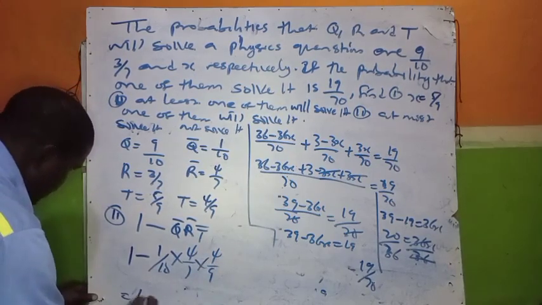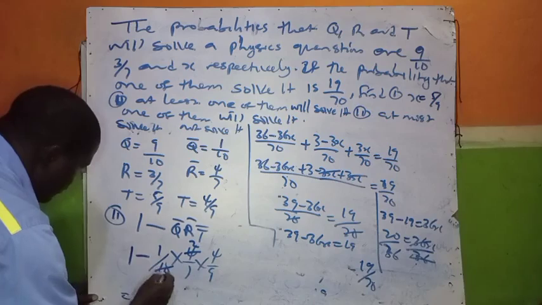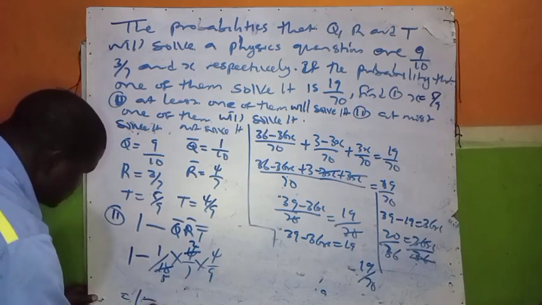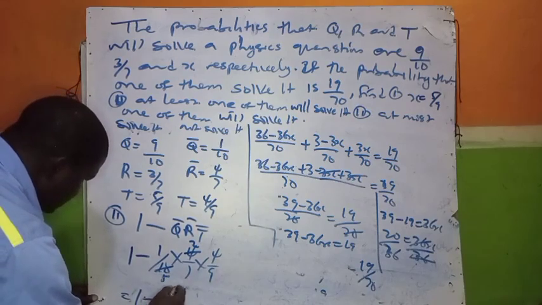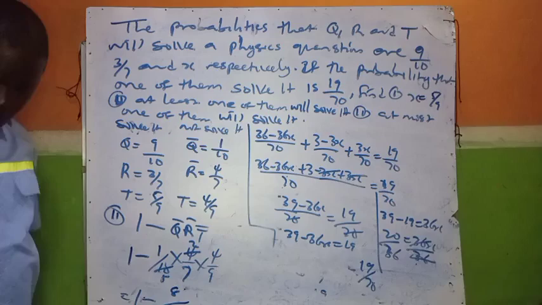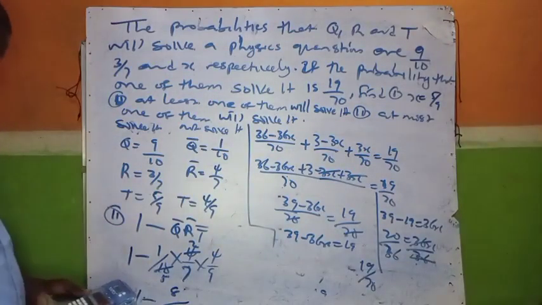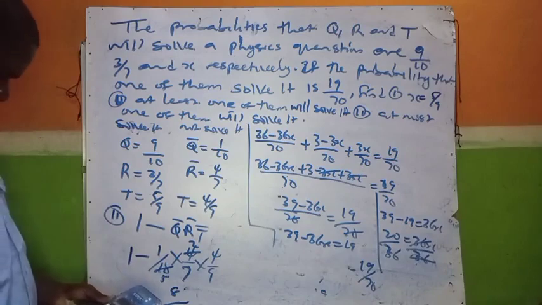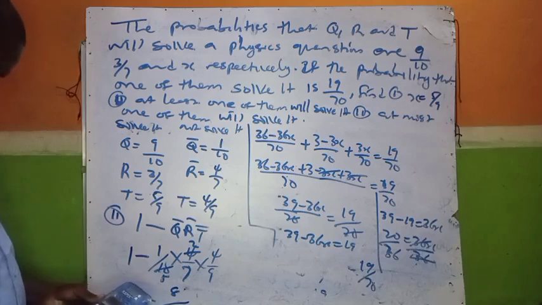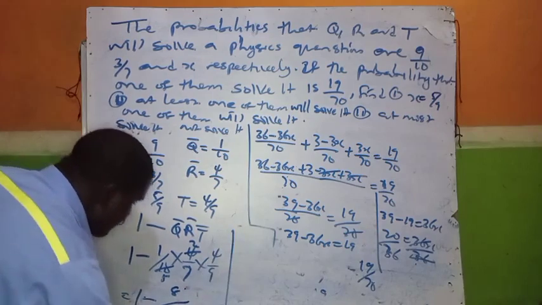So what you have here is 1 minus, so this here is 2, 5. So we are going to have 8 minus, so you have 35 times 9. So you will have 315.